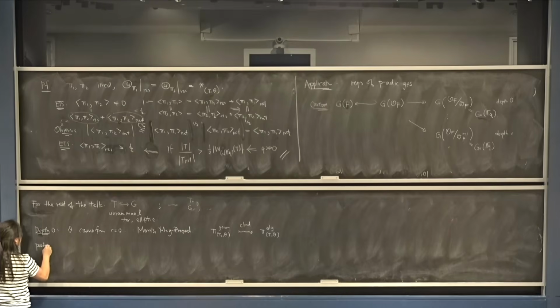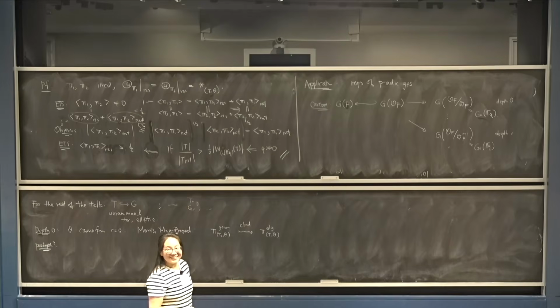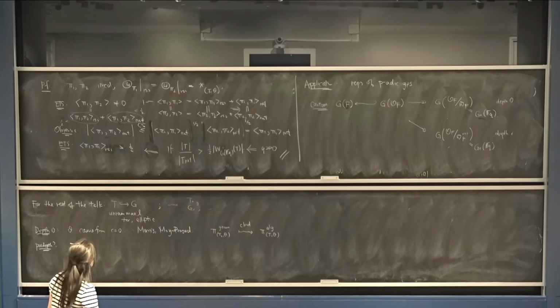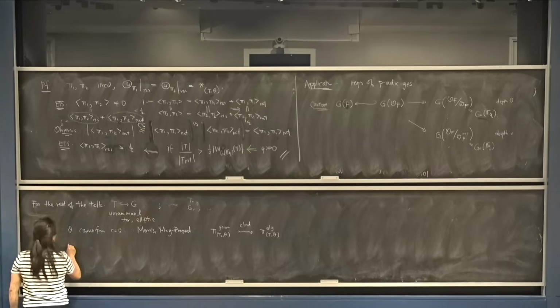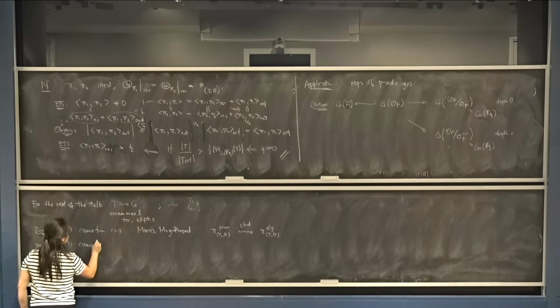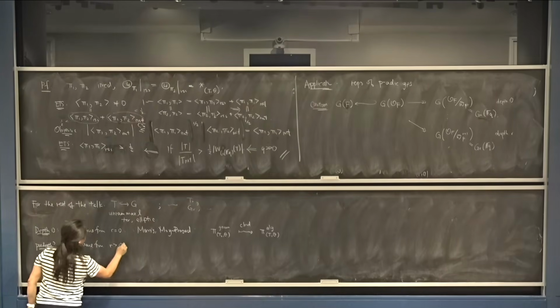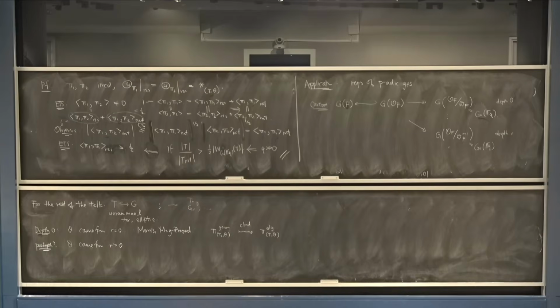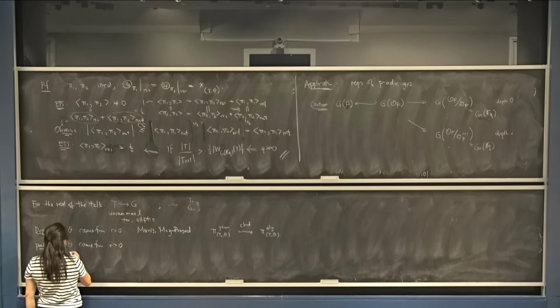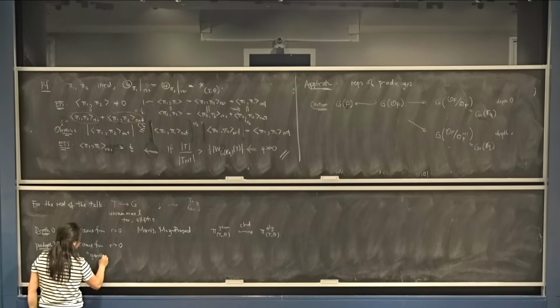Okay, what about positive depth? Irreducible, yes. Okay, so what if theta came from r positive? The first non-trivial setting where this case is interesting is under the conditions that theta has some genericity.